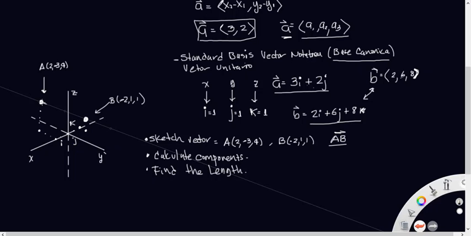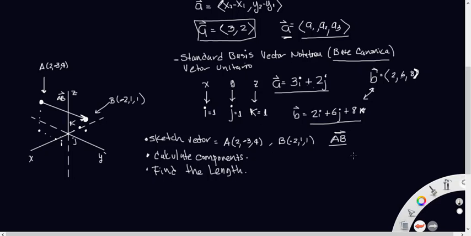Let's draw a little line from here to here. So this is our vector AB, and now let's calculate the components.